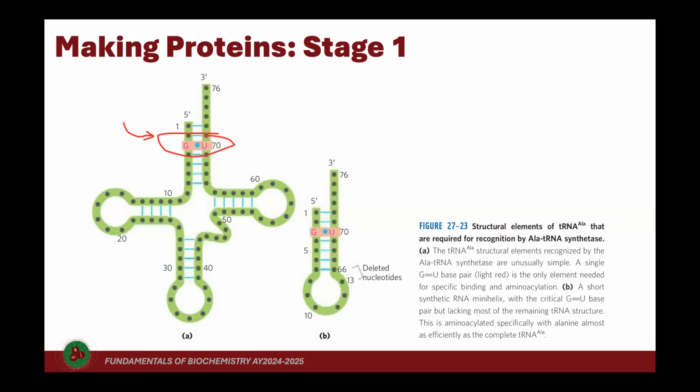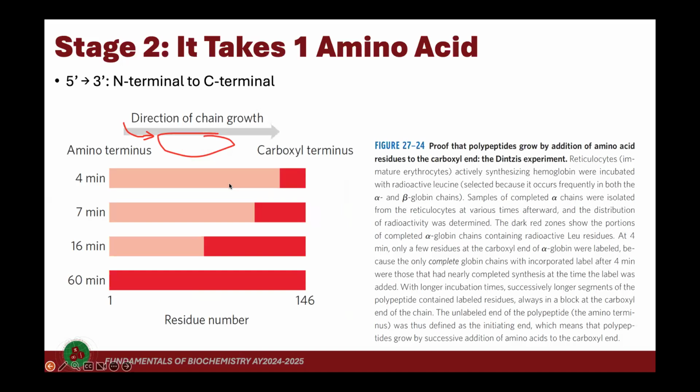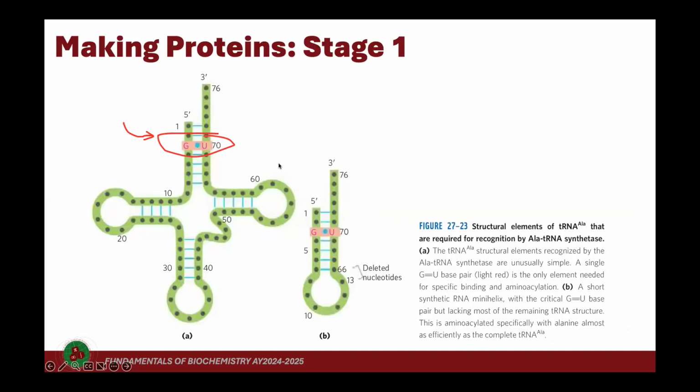So why did they say that? How did they establish that this is the only thing important to the binding of this tRNA to the synthetase? What they did was they made an artificial tRNA molecule, a more simplified version. They simply removed the other arms of the tRNA. So they have the anticodon arm, and they also have the amino acid arm, which contains that GU base pair.